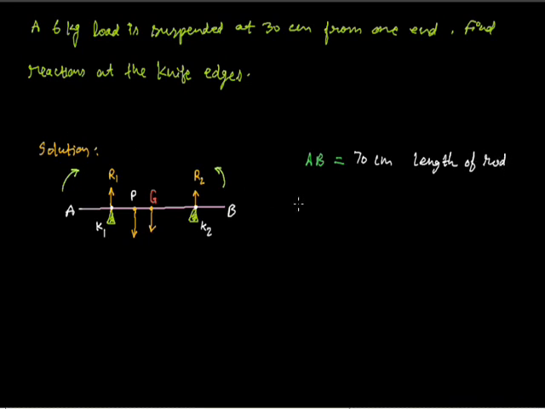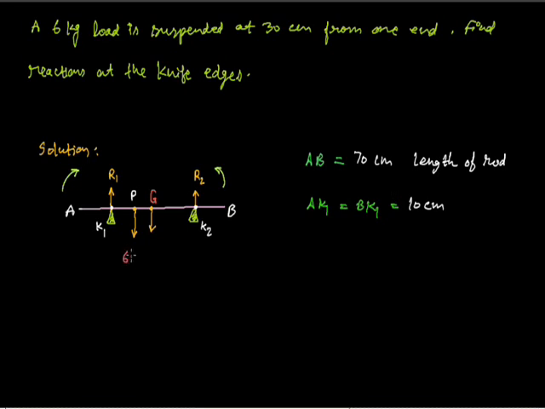The distance AK1 is equal to distance BK1 is equal to 10 centimeter, as both knife edges K1 and K2 are placed at 10 centimeter far from both ends of the rod.